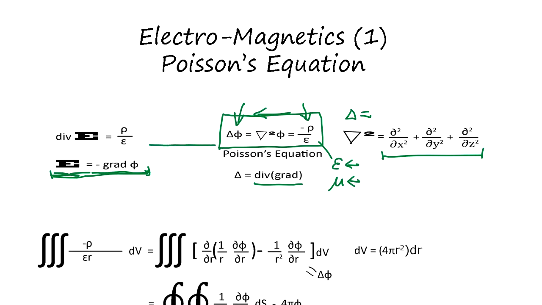For example, say you have a conductor and charge is distributed here on the surface. So that's the one-dimensional rho x. What happens is the potential is going to be something like this.